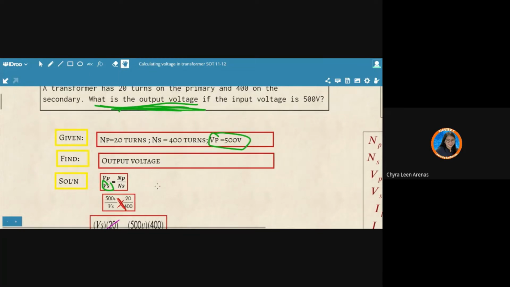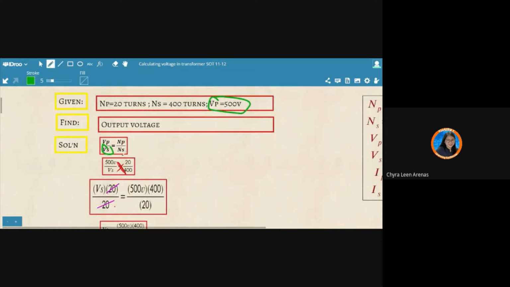In order for us to solve them, you cross-multiply the following. So 500 multiplied by 400, and VS multiplied by 20. Now, in order for us to get VS, or the output voltage, we have to divide both sides by 20, so that the output voltage is just left behind and we can solve for it.